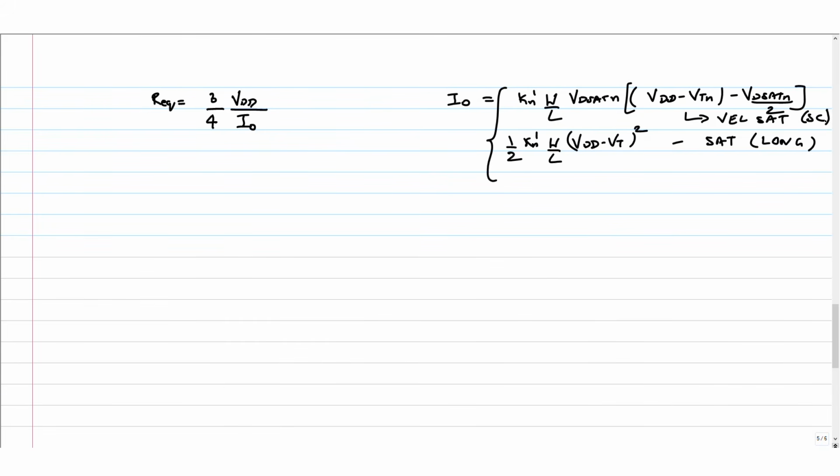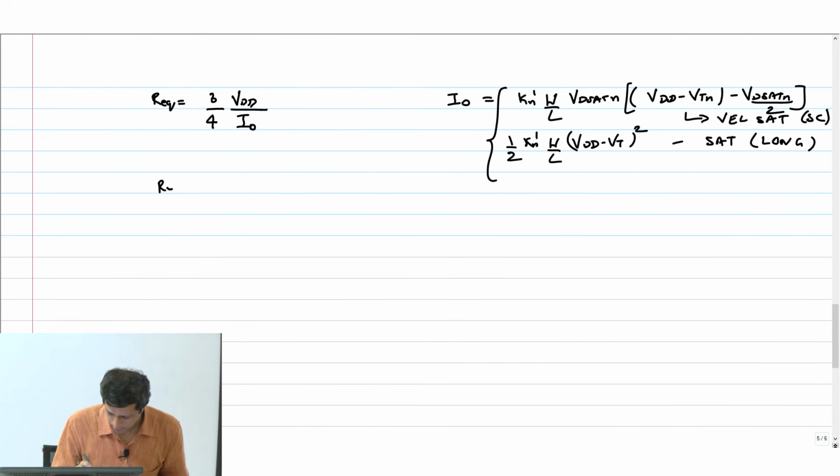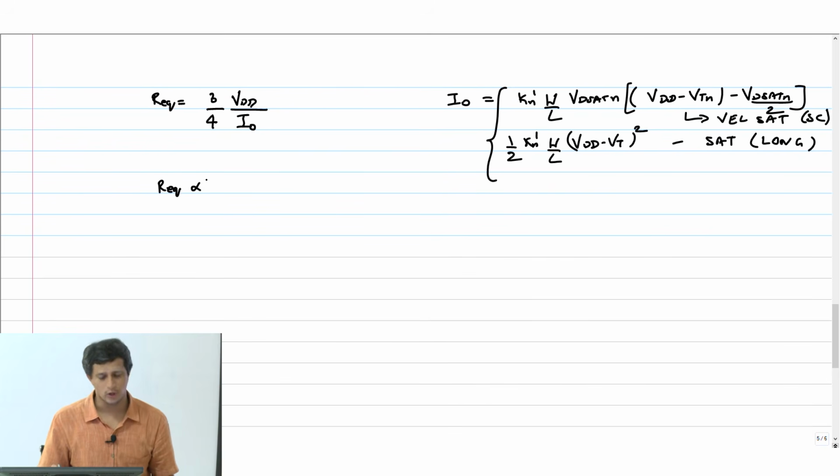Okay. So, look at this equation of R equivalent now, right. Clearly, it is going to be inversely proportional to W, 1 over W, because I naught is sitting below, right.